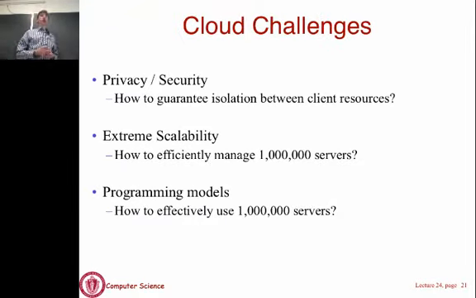Now, some of the challenges that we have in cloud computing. We talked about various models that cloud services often take. For example, something like Amazon EC2 is just providing you raw machines, or something like Google App Engine is providing you some sort of software platform to write an application on. But of course, on the cloud computing provider side, if you are operating the data center and managing 10,000 machines, there are challenges for you as well in how to actually handle that.